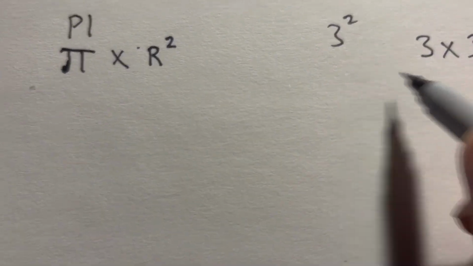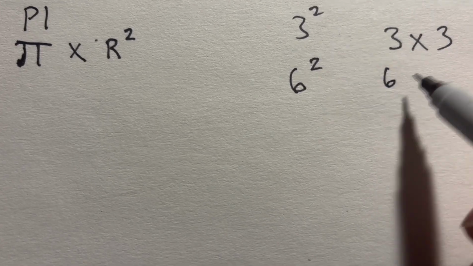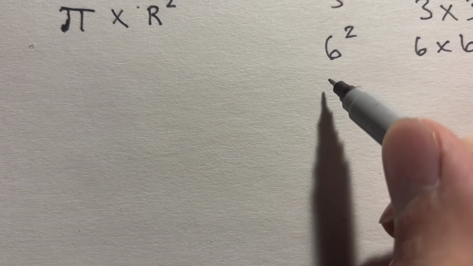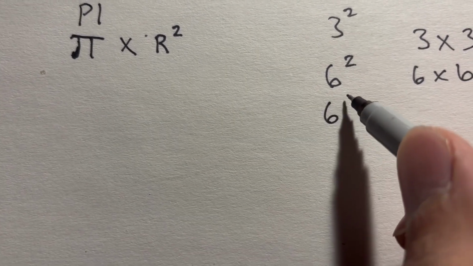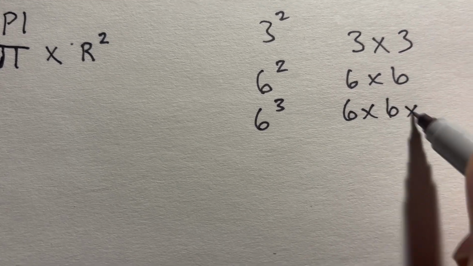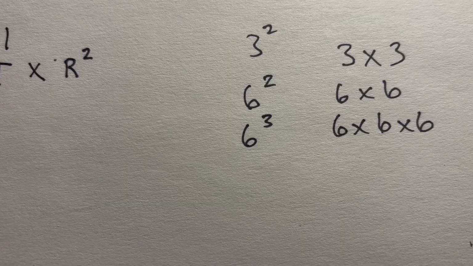If it was 6 squared, it'd be 6 times 6. If it was 6 cubed, it'd be 6 times 6 times 6, which is a pretty big number. But that's how that works.